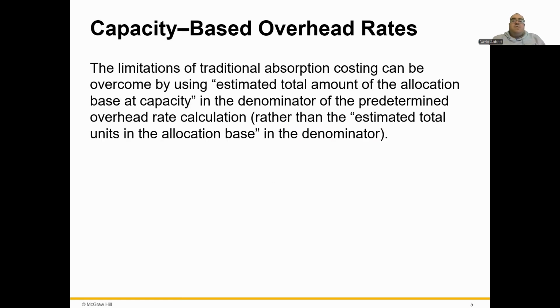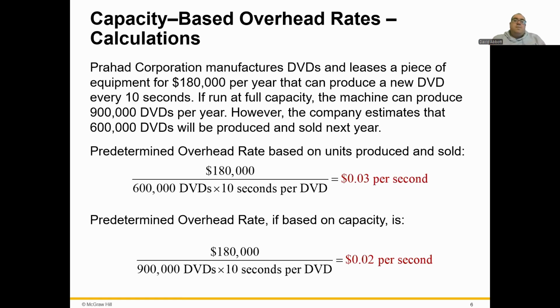So capacity-based overhead rates. The limitations of traditional absorption costing can be overcome by using the estimated total amount of the allocation base at capacity in the denominator of the predetermined overhead rate calculation, rather than the estimated total units in the allocation base in the denominator.